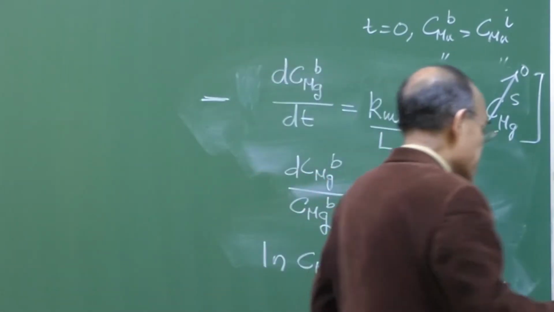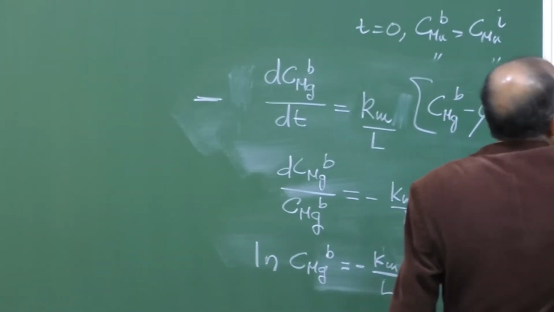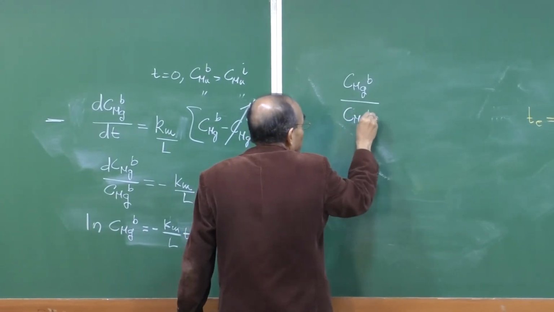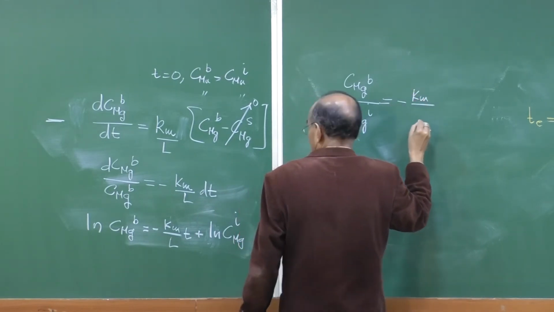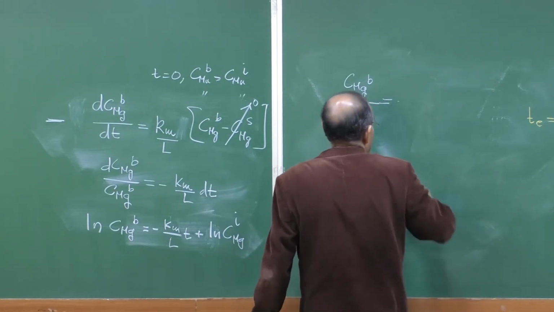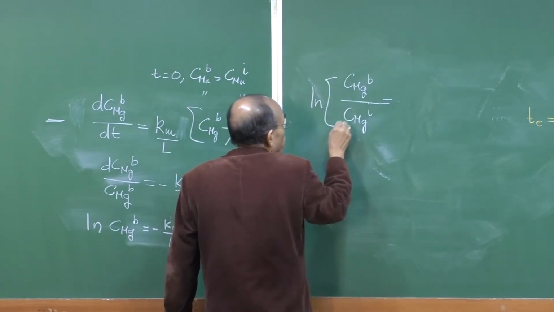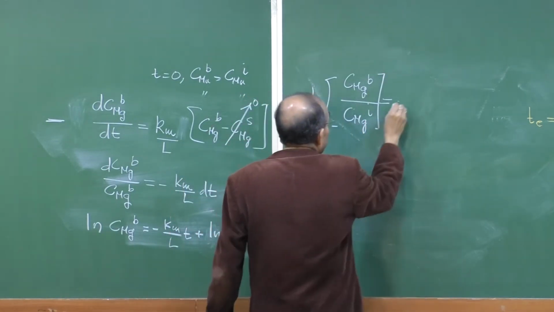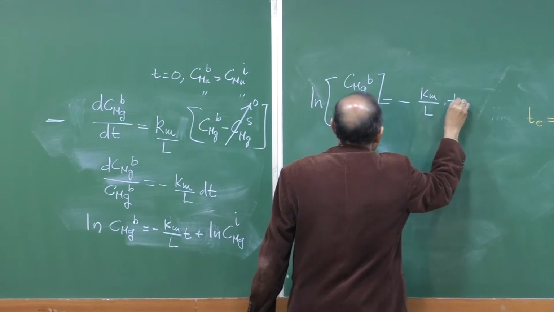So, we can say that ln of C magnesium bulk by C magnesium initial is equal to minus Km, the mass transfer coefficient, by L into t.